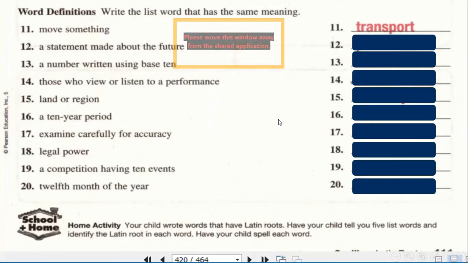Faisal Muhammad Abul Harith: a statement made about the future. It's what? Prediction. Okay.